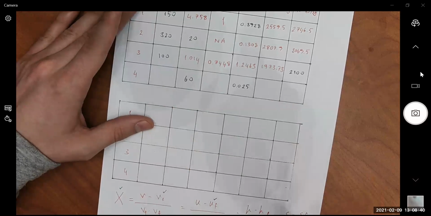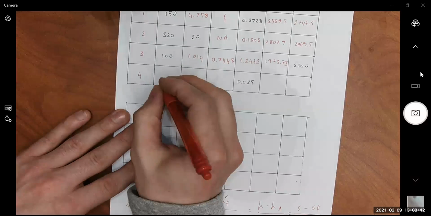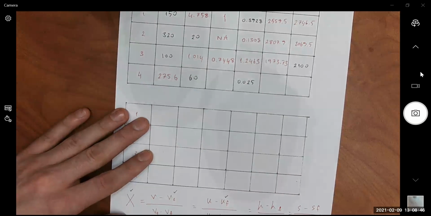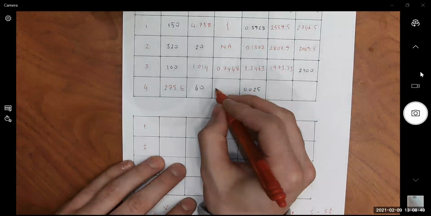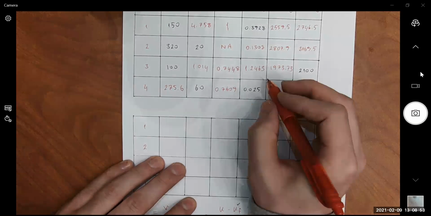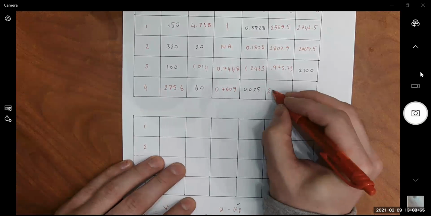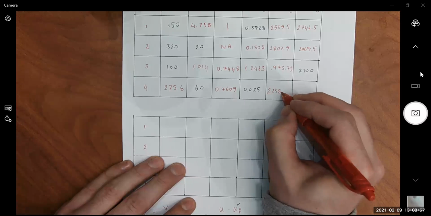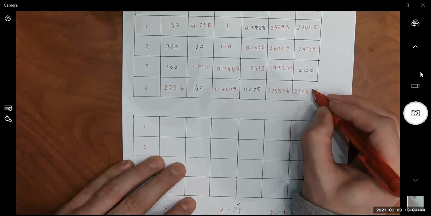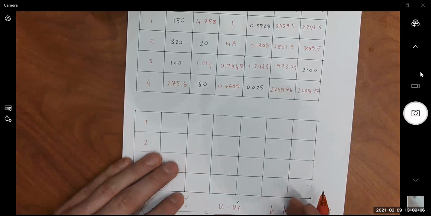Okay? 275.6. Quality factor is 0.7609. Internal energy will be 2,258.76. Enthalpy will be 2,408.77 kilojoules per kilogram.